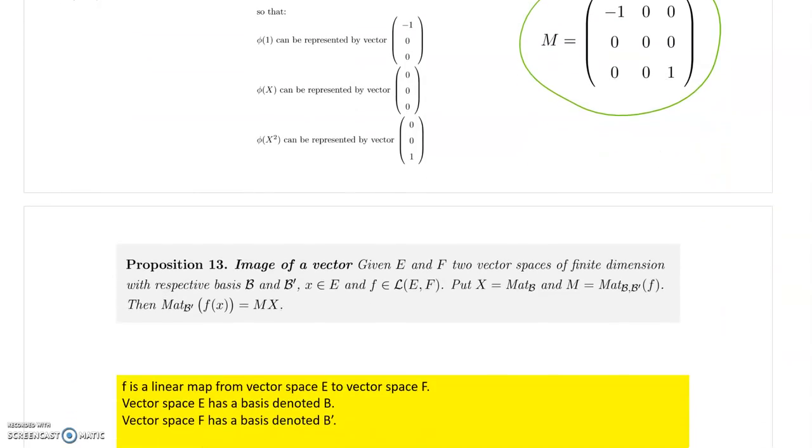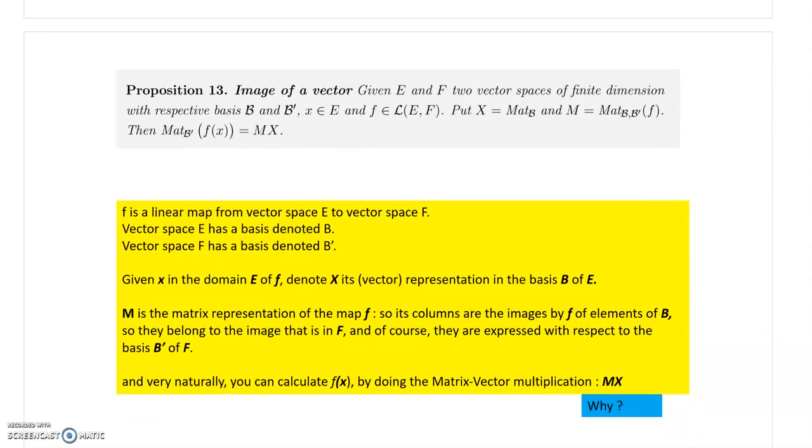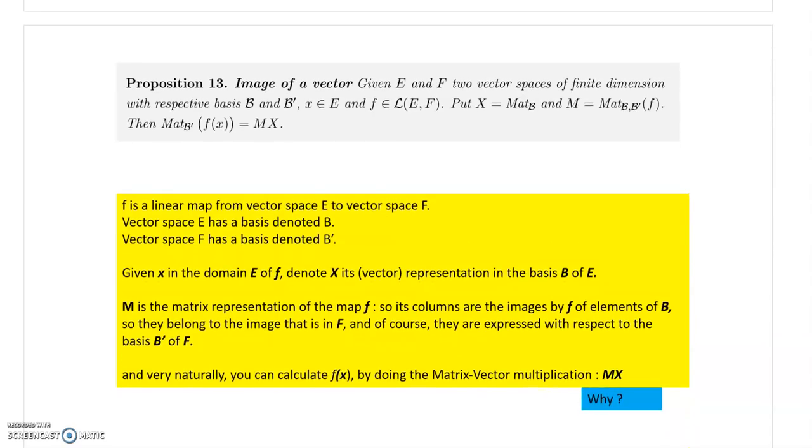One of the uses of this is that this proposition is quite nice: the image of a vector.